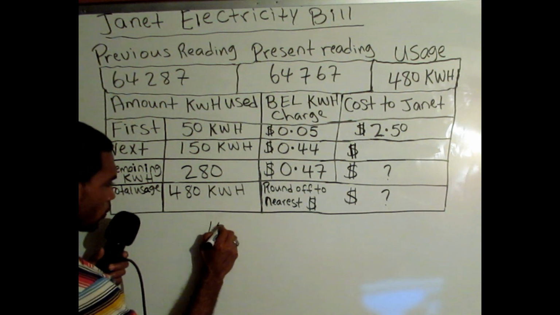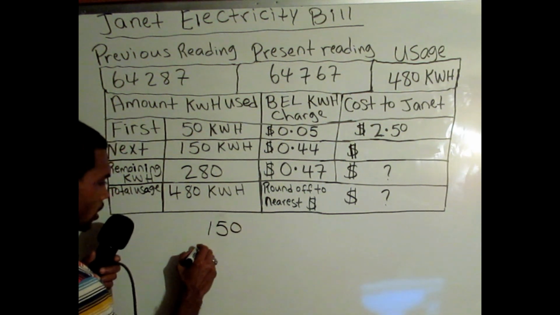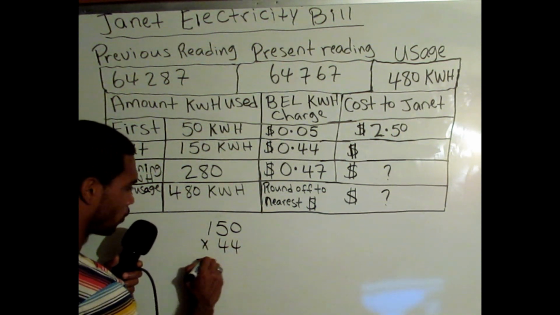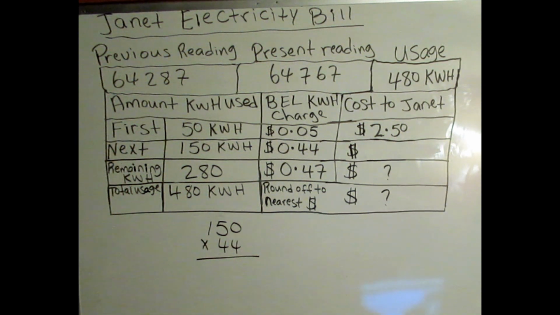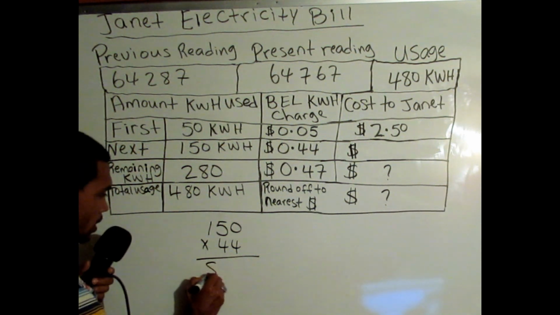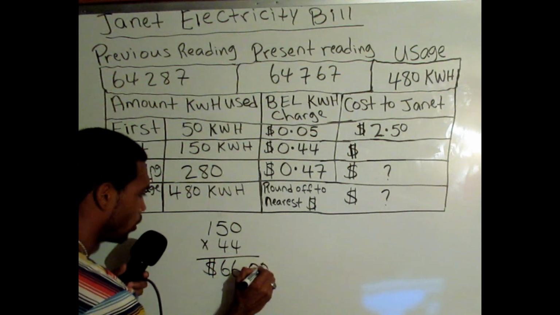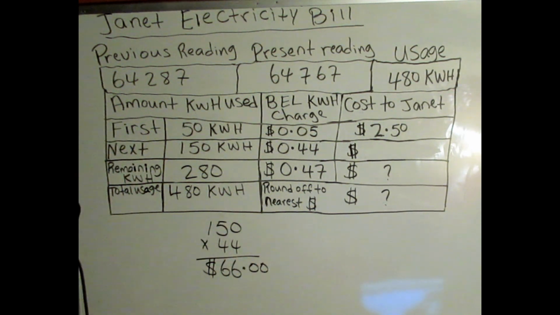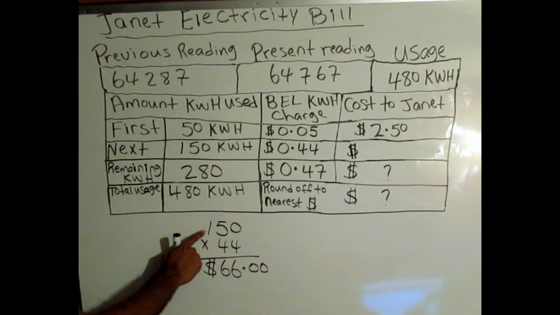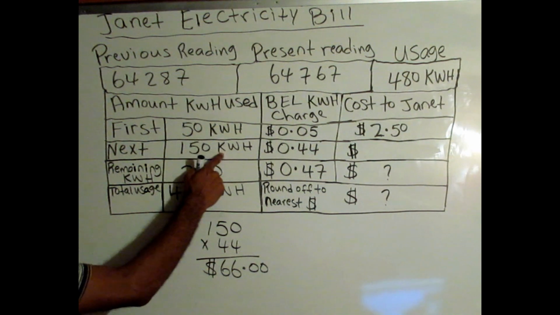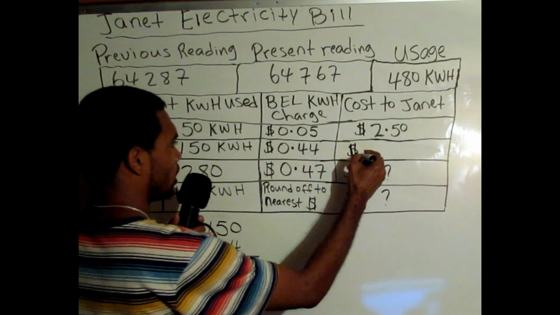It's the 150 kilowatts that Janet used times 44 cents for every kilowatt. When we multiply that, we get $66. We don't want to take long solving it, so if you use a calculator, you will realize that when we multiply 150 by 44, we get $66.